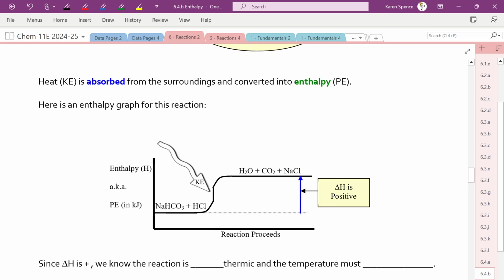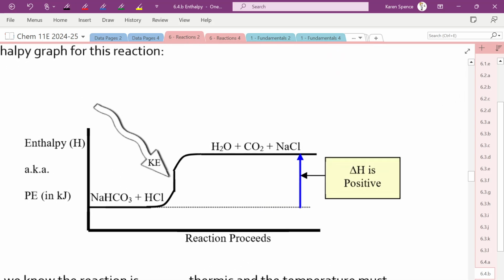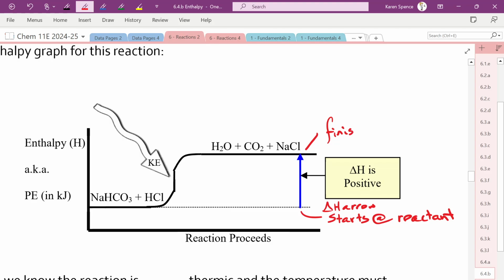And here's our enthalpy graph. Remember, it starts at the reactants, our delta H, and finishes at the products.